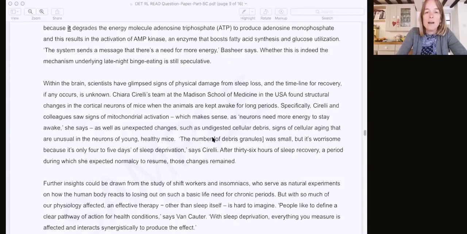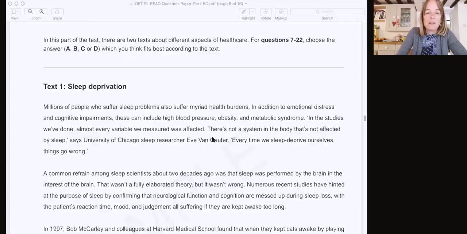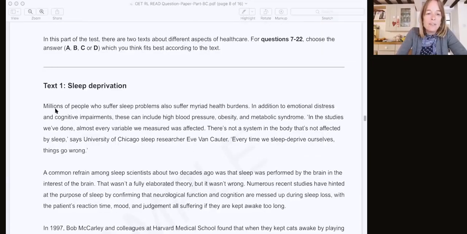If we go back to this paragraph, it says we've got people suffering from a myriad of health burdens: high blood pressure, obesity, metabolic syndrome.